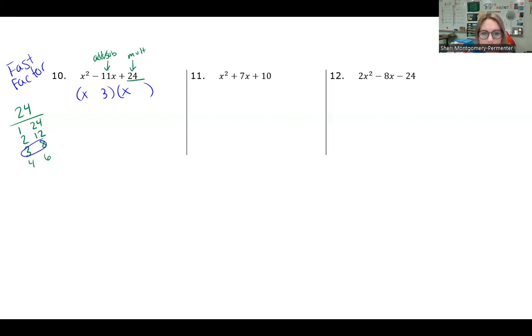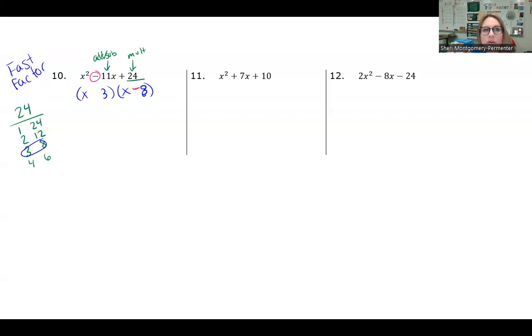So we'll put it in, and then to figure out what the signs are, you have to look at the middle term. So this middle term, it's negative. The middle term tells you what the sign of the bigger number is. So 8 is bigger than 3, so 8 will be negative.